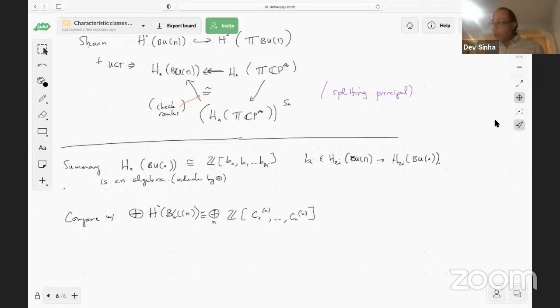We can ask, what structure does that give on cohomology? So the answer is there's going to be a coproduct, right? If it's a product on homology, you turn everything around. It's a coproduct, which is not as familiar to people. It's kind of odd.